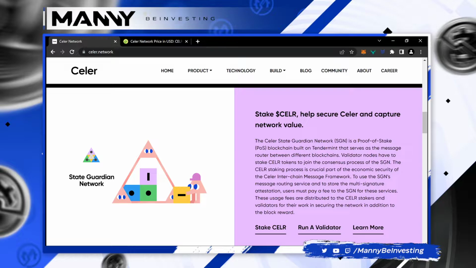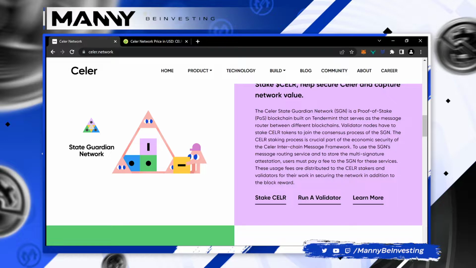To use the SGN's message routing services and to store the multi-signature attestation, users must pay a fee to the SGN for these services. These usage fees are distributed to the Celer stakers and validators for their work in securing the network, in addition to the block reward.